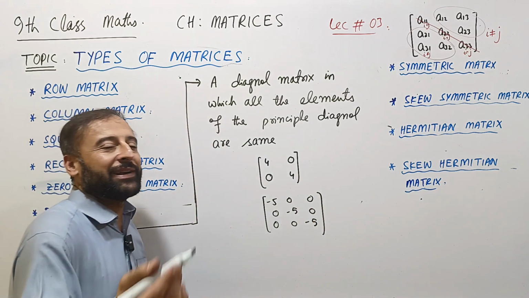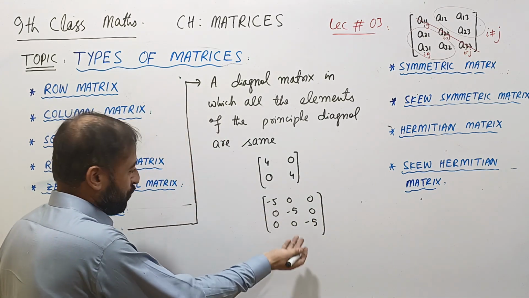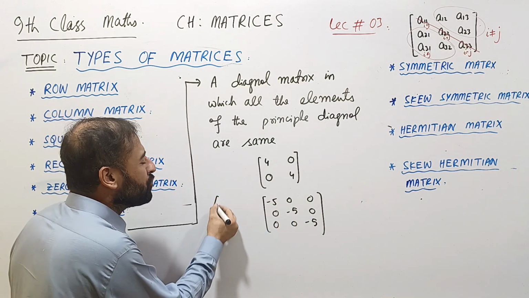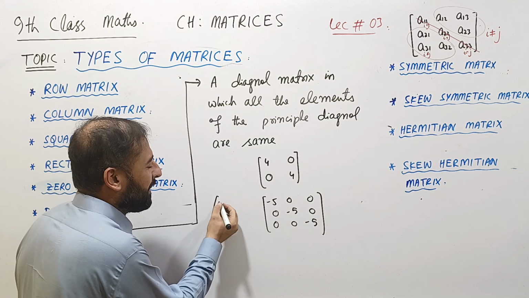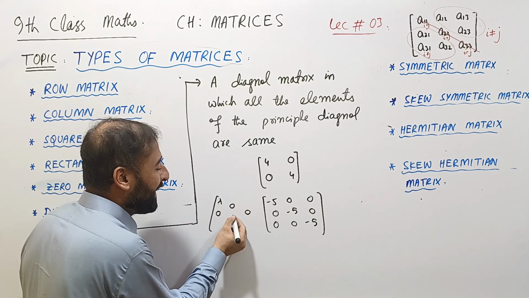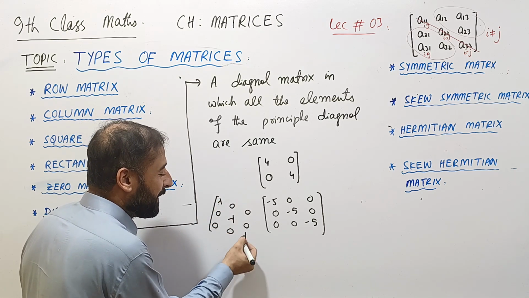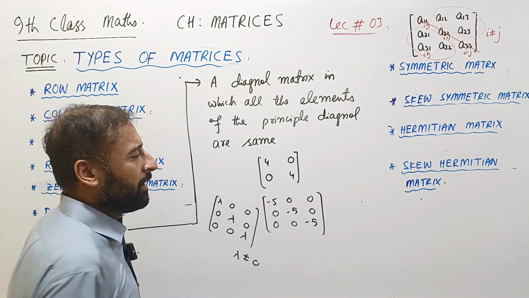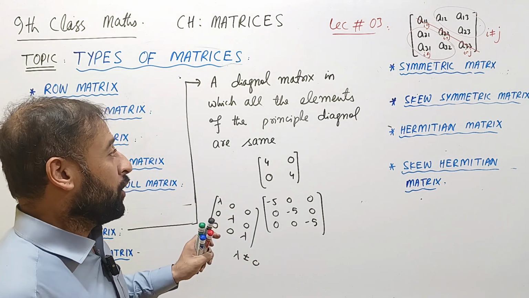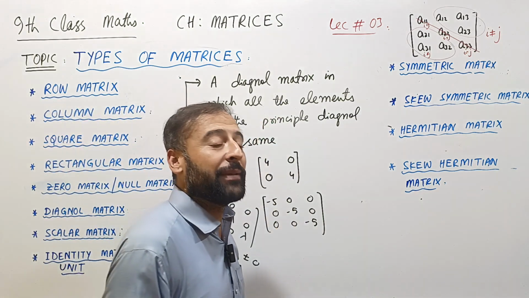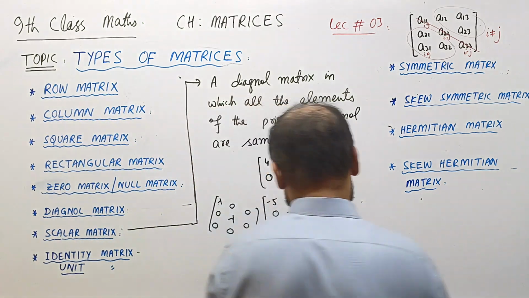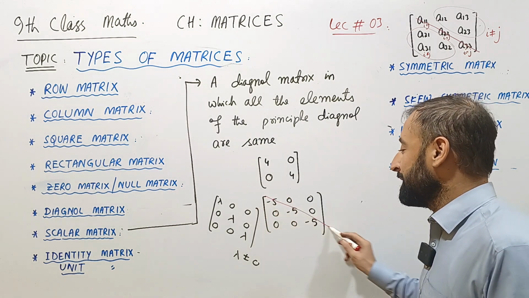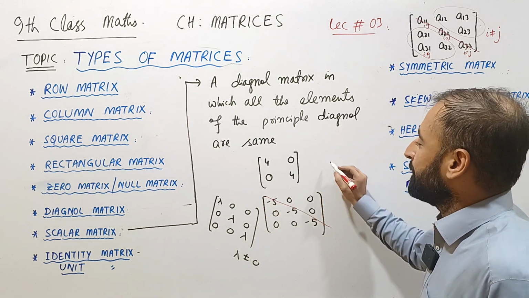Generally, if I tell you to write a 3 by 3 scalar matrix, you may have 9, 9, 9 or 5, 5, 5. So you use a general symbol: lambda, 0, 0, 0, lambda, 0, 0, 0, lambda, where lambda is a non-zero number. You can use k as well. So how do we say these things mathematically? These are diagonal matrices, scalar matrices. All the elements out of the principal diagonal are 0.